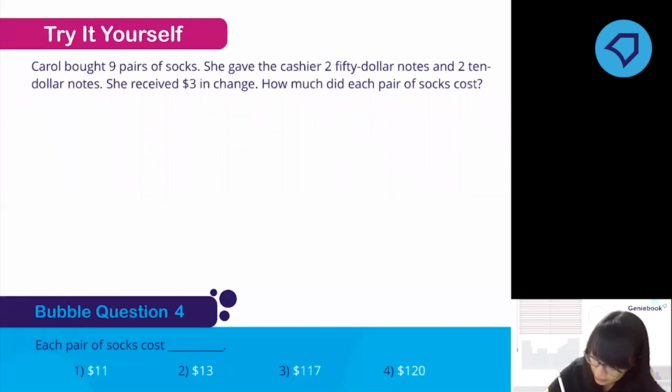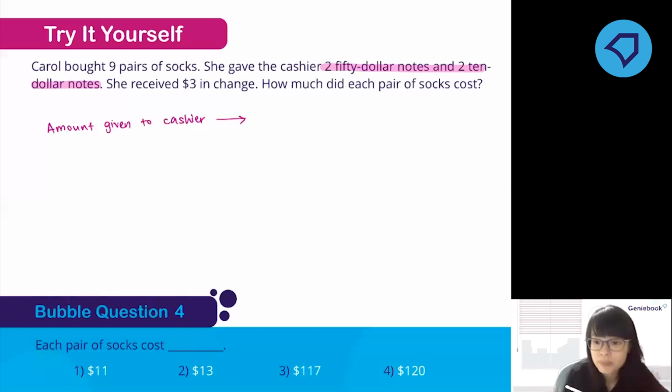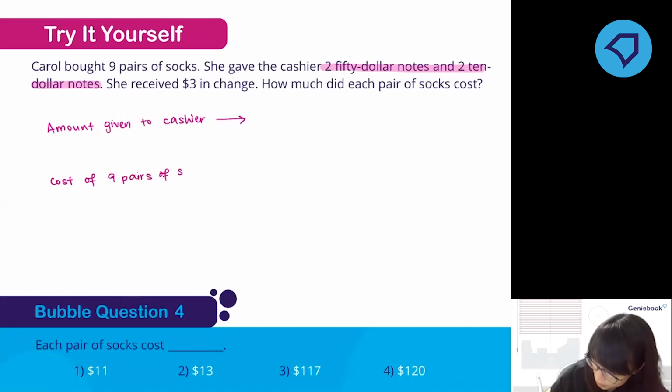For those of you who need help, the first thing you need to do is identify this amount. Find the amount she gave to the cashier. And then the next step is to find the cost of 9 pairs of socks.